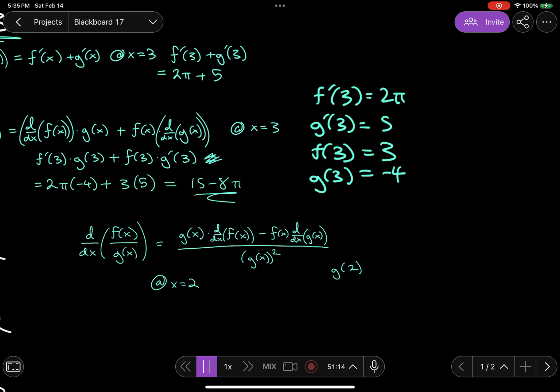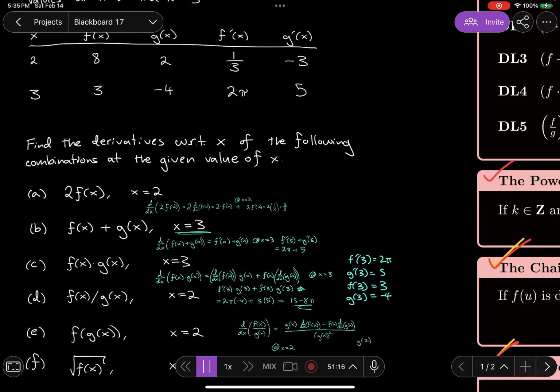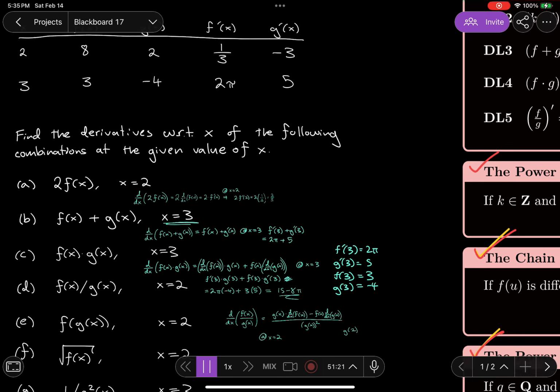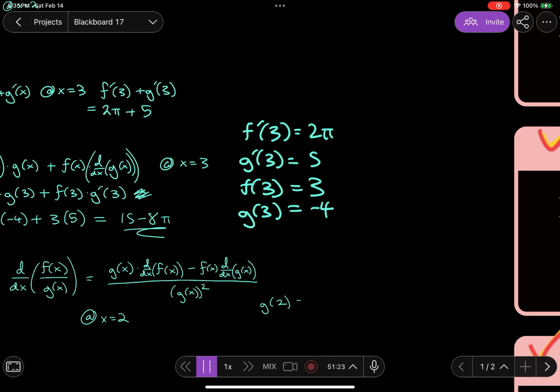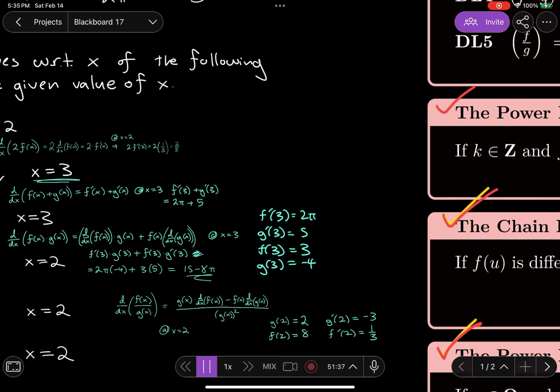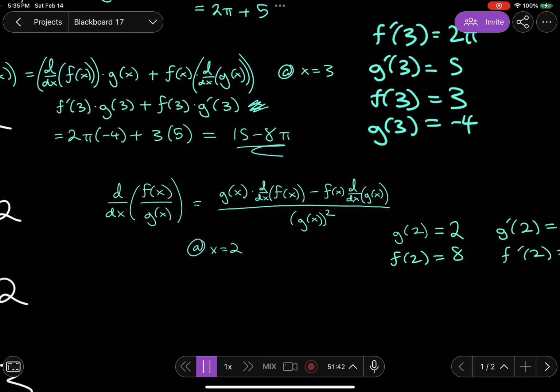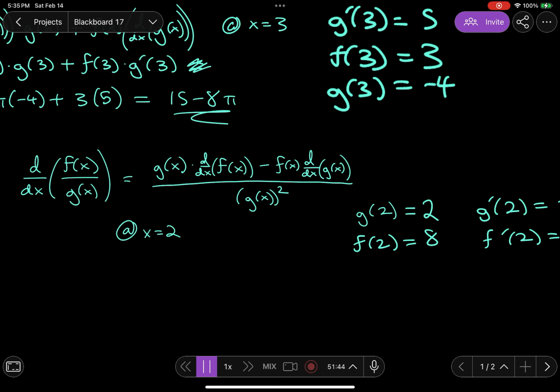G of 2, 2, 8, 1/3, negative 3. Okay. Did I get that right? Yeah. Okay, now it's literally just plugging stuff in.